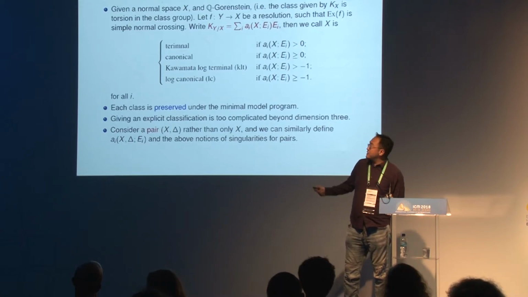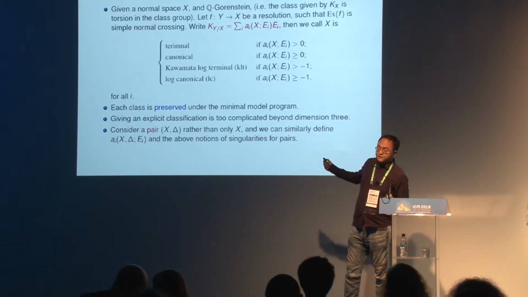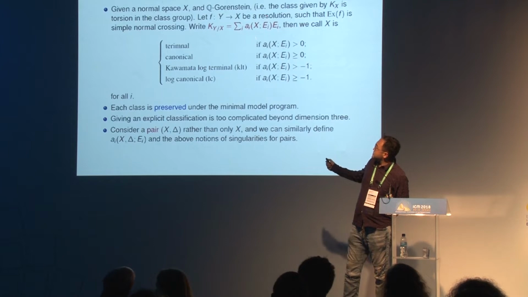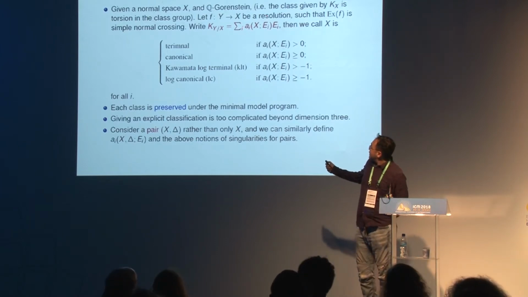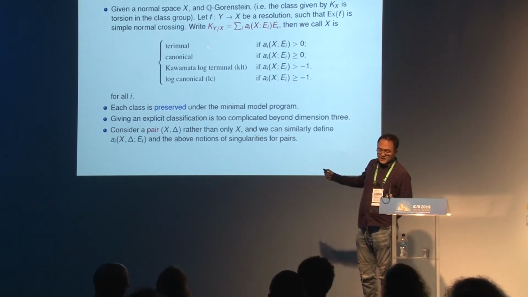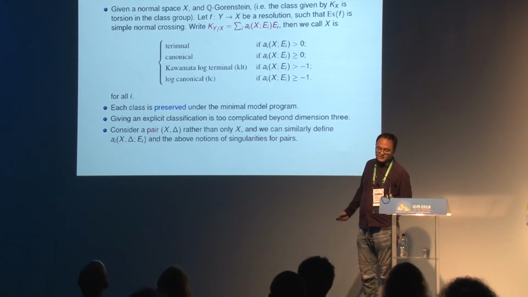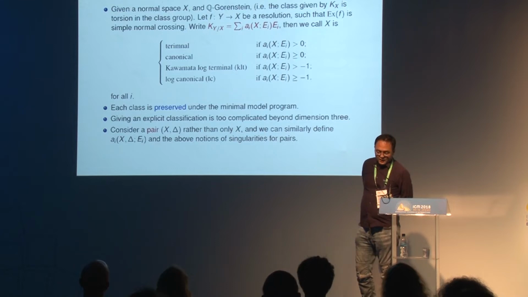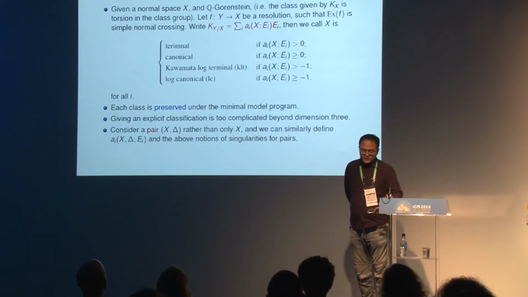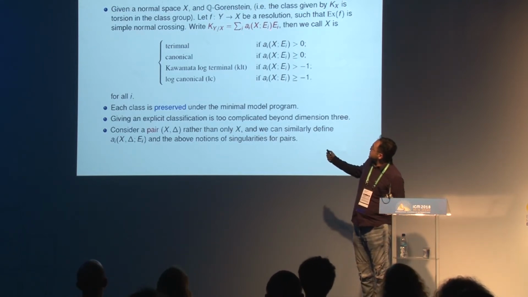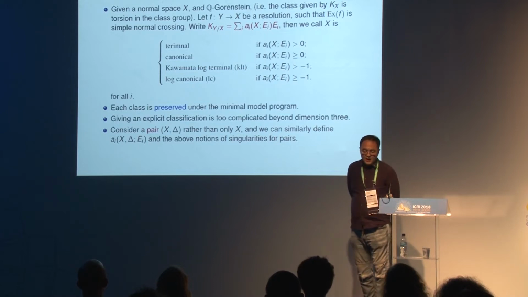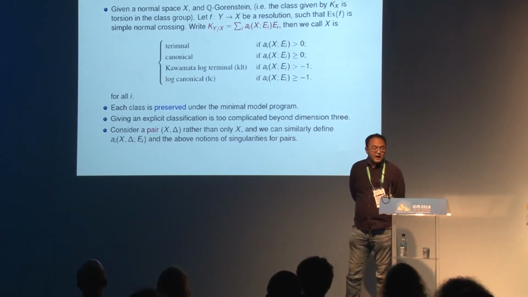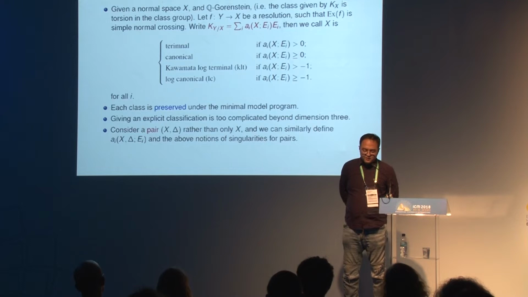So basically this formula I just use to define the discrepancy function of this X, and it's defined for every divisor which is in the exception set. Because K_{Y/X}, the difference between X and Y is only along the exception set.